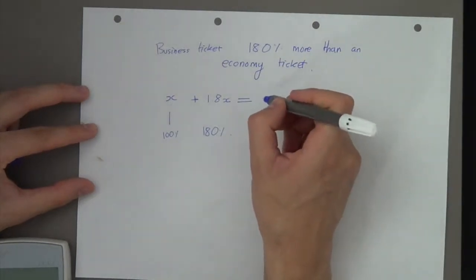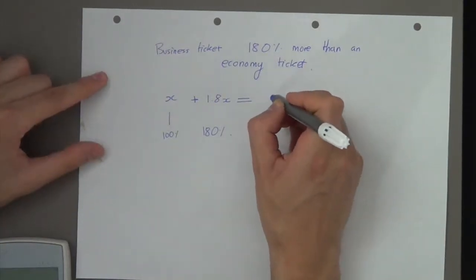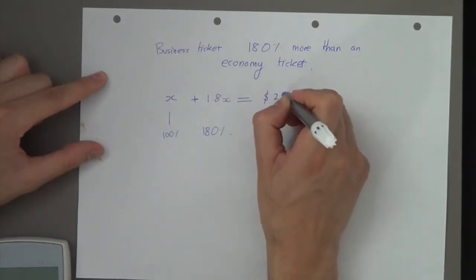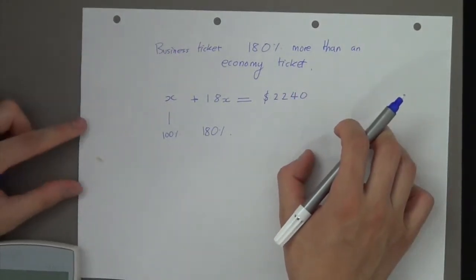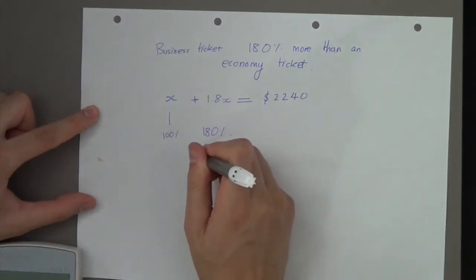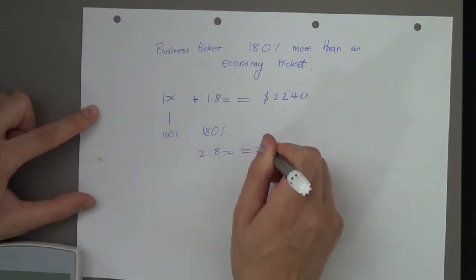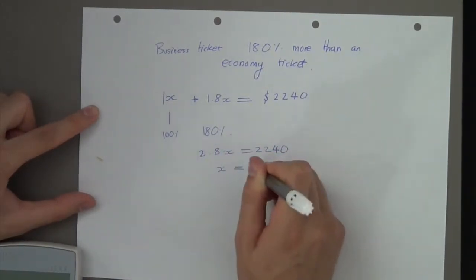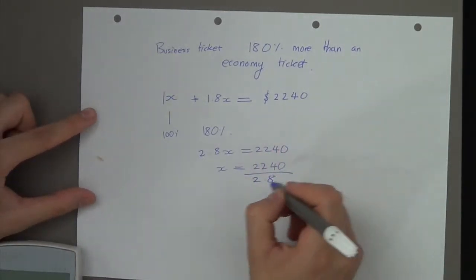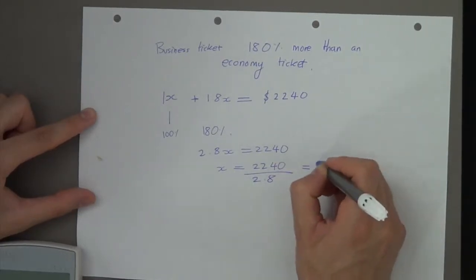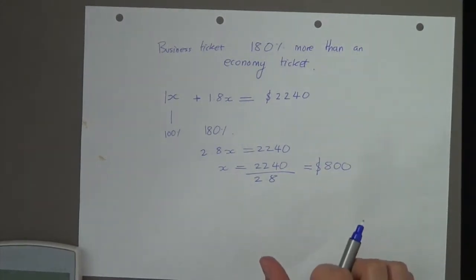And this is going to equal my business ticket, which they've given us the price of in the previous question, which was $2,240. Okay? So what does that equal? So that becomes, okay, 1x plus 1.8x is 2.8x equals 2240. X is therefore 2240 over 2.8. Okay, and if you did that on your calculator, you would get $800. Okay? Again, pause the video if you need time to work these things out.